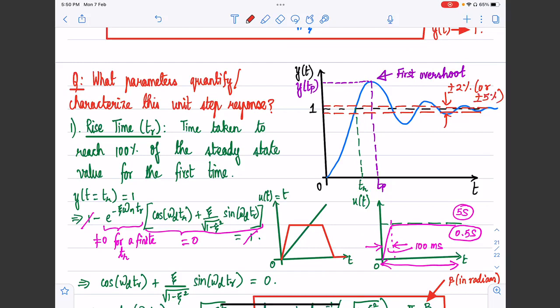And the point is, when the response is within this band, we take that time as the settling time, TS. So the settling time TS is once again taken as the time elapsed after which the output settles down within a band around the final value.